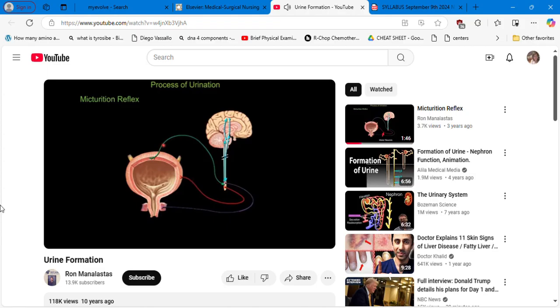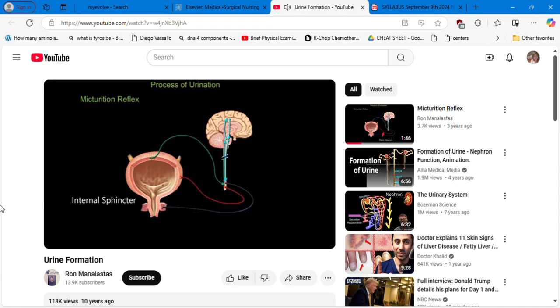Another action potential from the sensory neuron will be sent up the spinal cord to the motor cortex of the cerebrum. From there, another action potential with motor input will be sent to another motor neuron to stimulate the opening of the urinary sphincters. And there are two urinary sphincters. There's an internal sphincter, which is the sphincter closest to the urinary bladder.